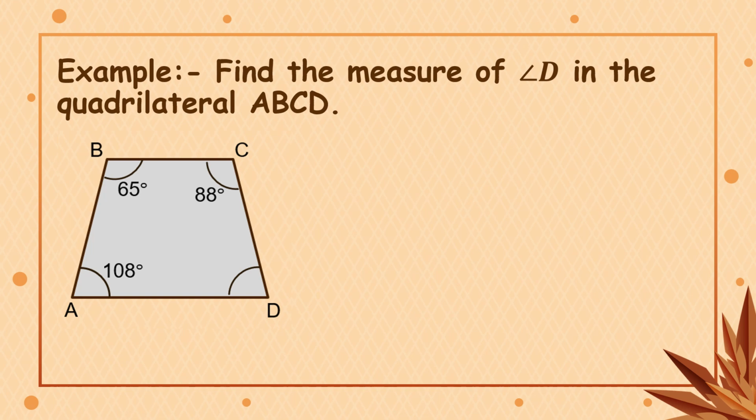See, all the given angles here are inside the quadrilateral, right? All the given angles here are lying inside the quadrilateral. That means we are going to use the interior angle sum property of a quadrilateral. According to what we studied now, what is the sum of the interior angles of a quadrilateral?